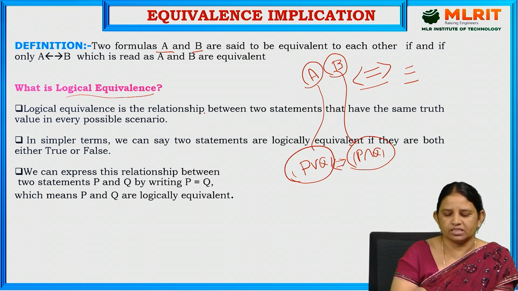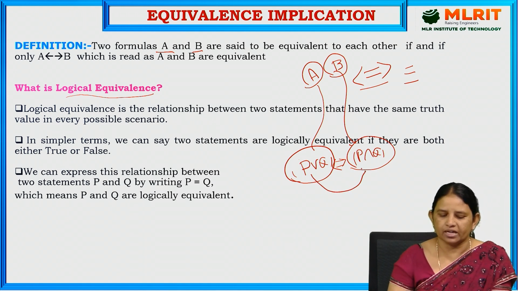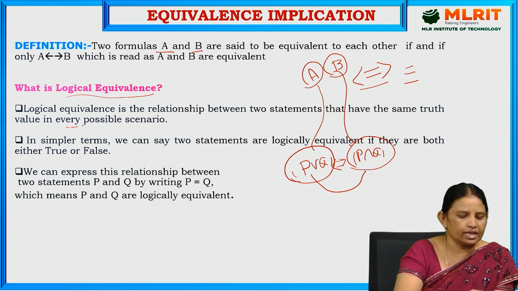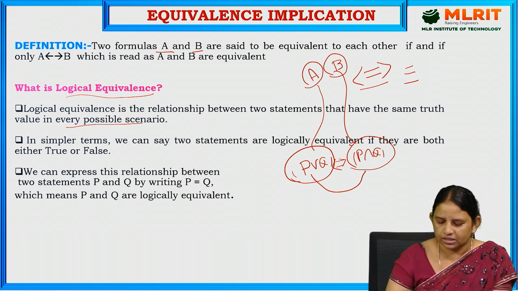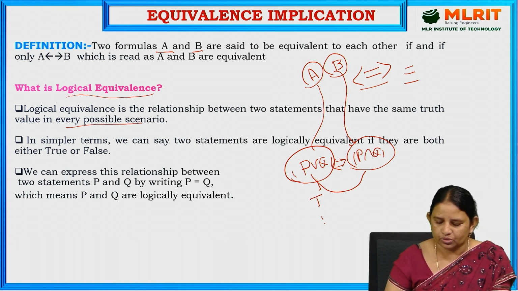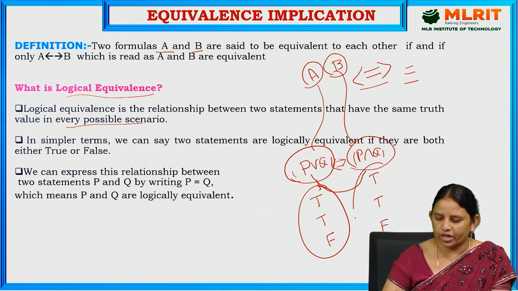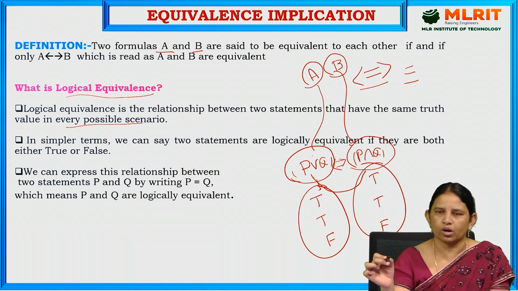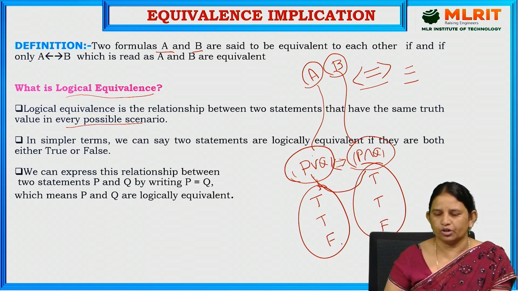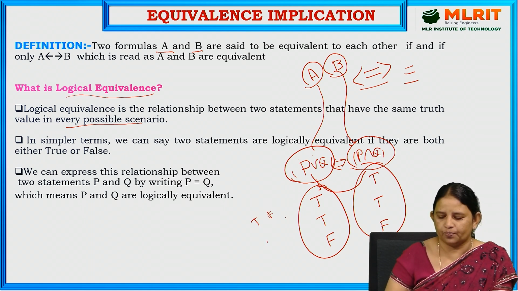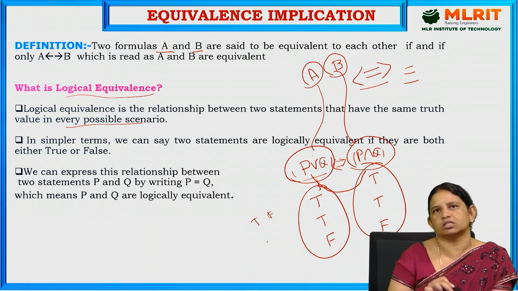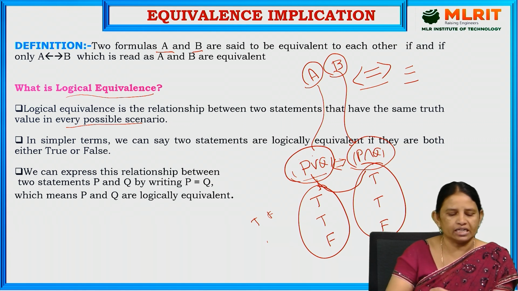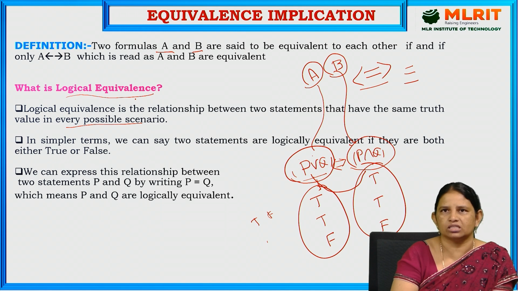Logical equivalence means the relationship between two statements that have the same truth value in every possible scenario. That means P or Q produces true, true, false, and P and Q also produces true, true, false for every combination. If statement formula A and statement formula B produce the same truth value for any combination of inputs, then A and B are said to be equivalent, or logically equivalent.